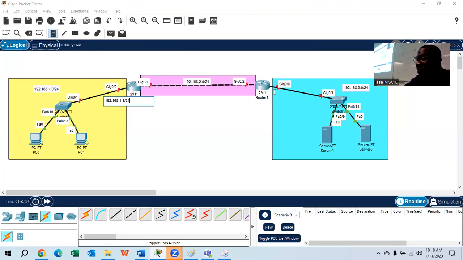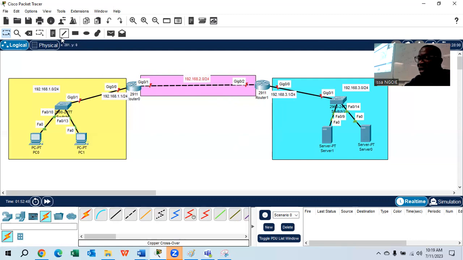There it's gonna be 192.168.3.1/24. I'm just showing you what we're gonna put here. It's gonna be that one, and there it's gonna be this one.